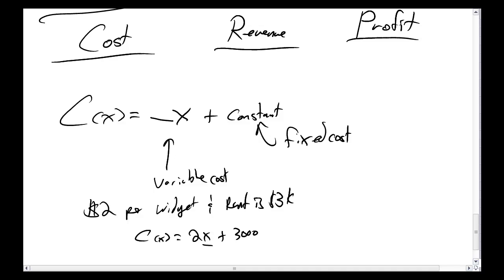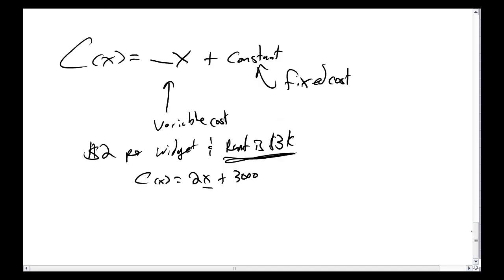I multiply each of those by 2 because that's my material that I put into a widget, and then I've got my rent for my facility. So we generally think of these as variable cost section and this fixed cost section.